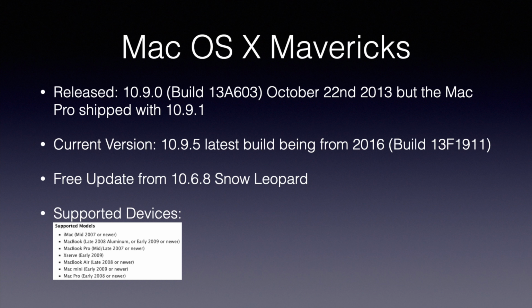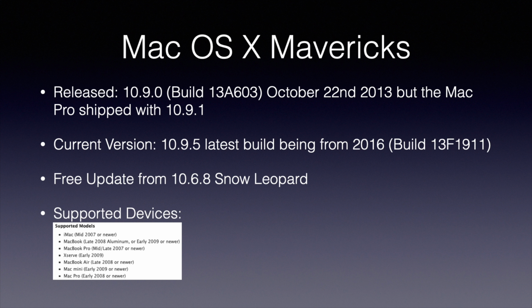So, guys, the first operating system we're going to be looking at is macOS Mavericks. It was released on the 22nd of October 2013, with a build of 10.9.0. Now, the Mac Pro shipped with 10.9.1, which was released in December of 2013.